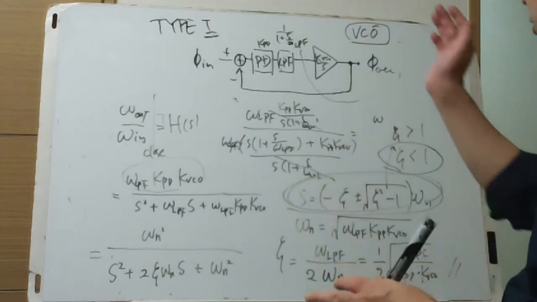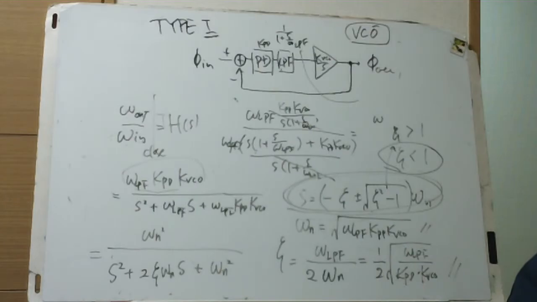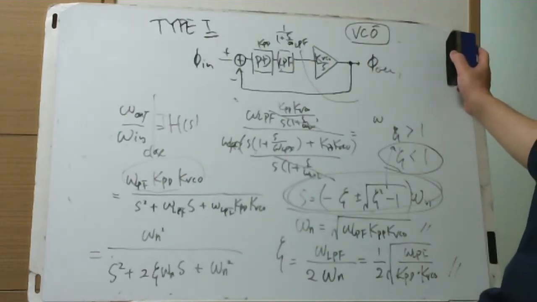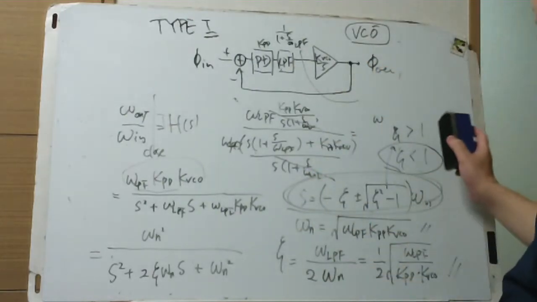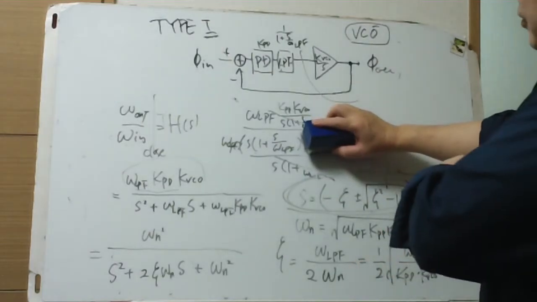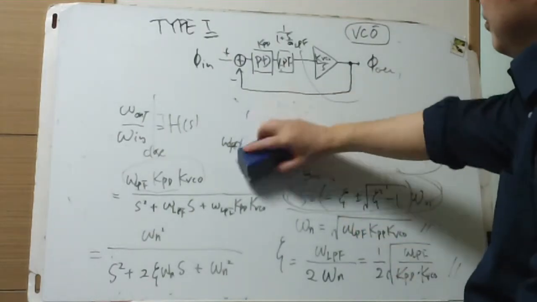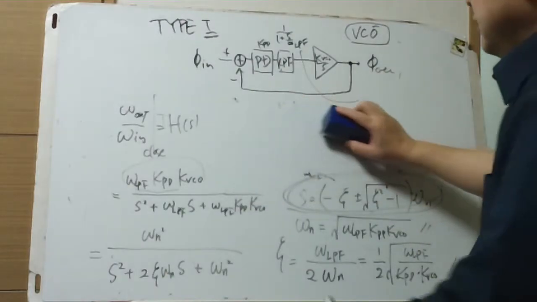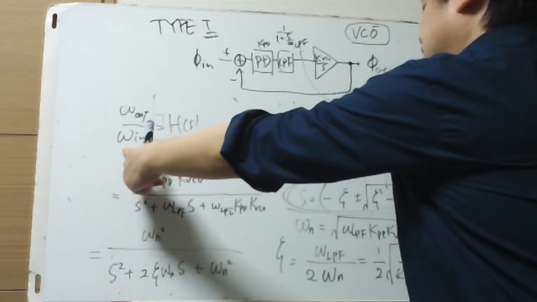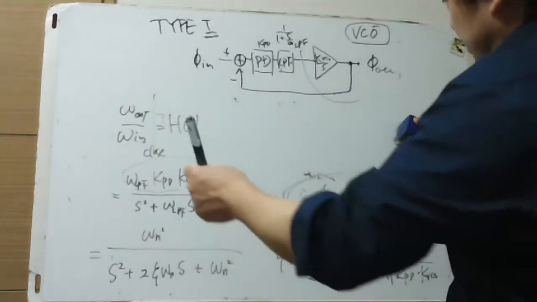So I'd like to recalculate here, trying to remember the Laplace transformation table, and derive the step response for delta omega in, the unit step response.